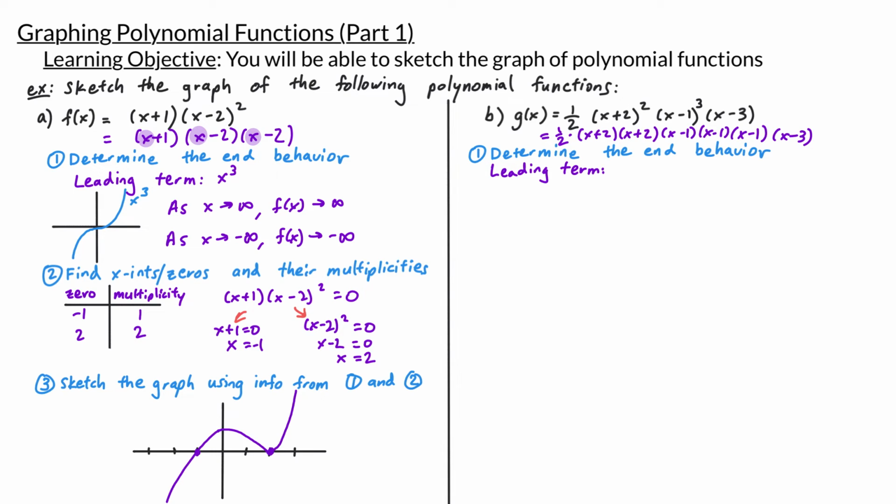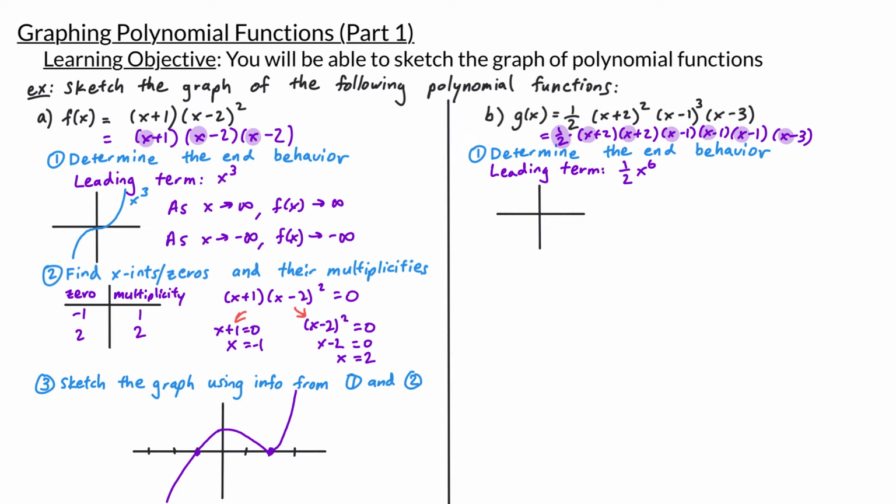So to figure out the leading term, we want to multiply the highest power of x that's in each of the factors together. We'll be multiplying together the 1/2 with the x's in each of these factors here. So we'll end up with 1/2, and then there are 6 x's, so we'll have 1/2 x to the 6th power as our leading term.